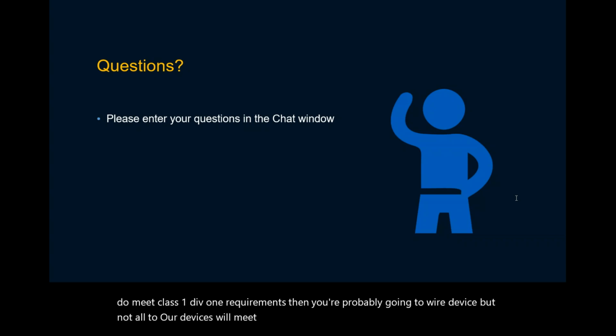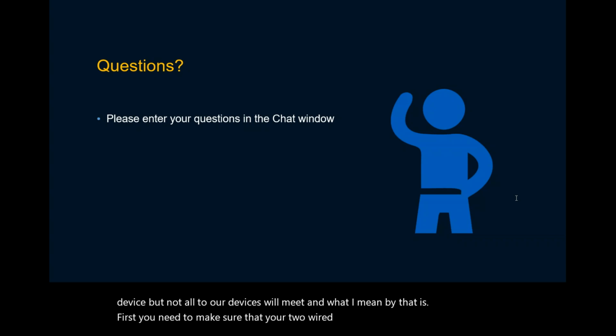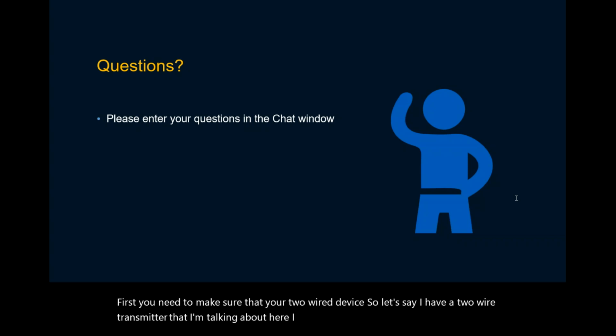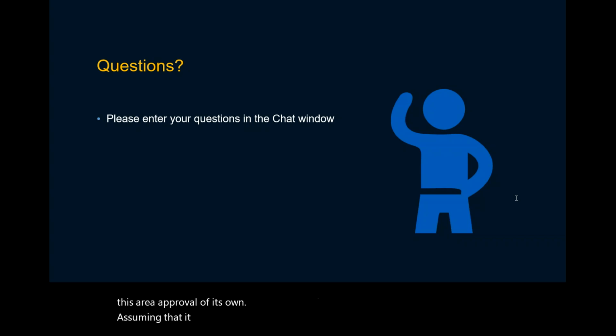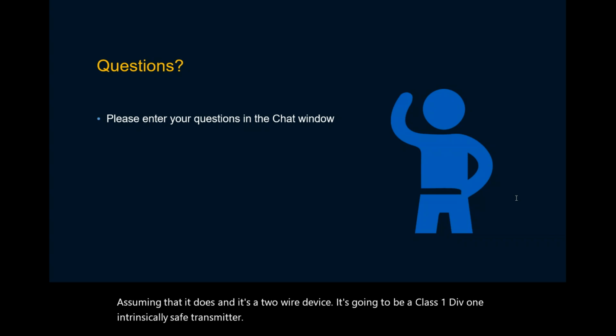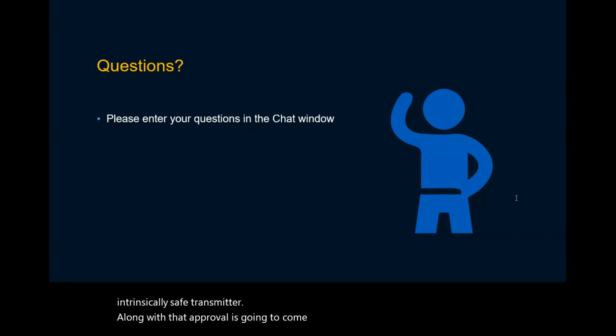And what I mean by that is, first, you need to make sure that your 2-wire device, so let's say I have a 2-wire transmitter that I'm talking about here, has a hazardous area approval of its own. Assuming that it does, and it's a 2-wire device, it's going to be a Class 1 Div 1 intrinsically safe transmitter. Along with that approval is going to come a set of entity parameters.